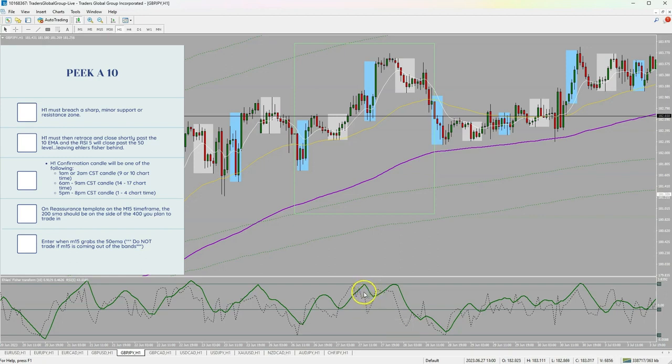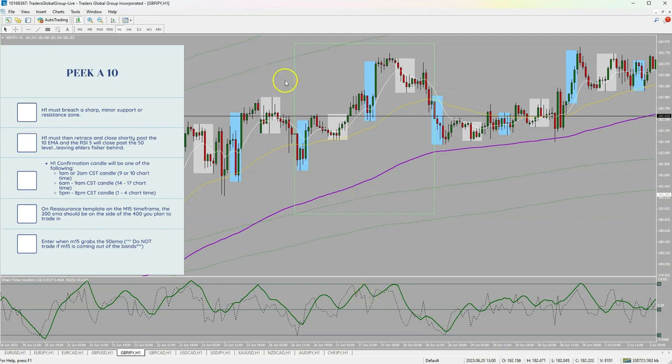So in other words, just the RSI 5 comes down here. Ehlers-Fischer needs to stay on up there. All right. So when you have those two things in confluence with each other, the confirmation candle peaking just a little bit past the 10 EMA, and at the same time the RSI 5 is under the 50 level, leaving that Ehlers-Fischer behind. That's rule number two being met.